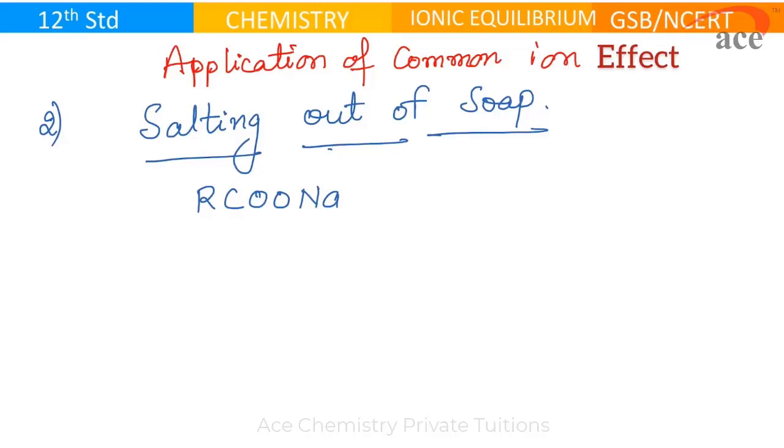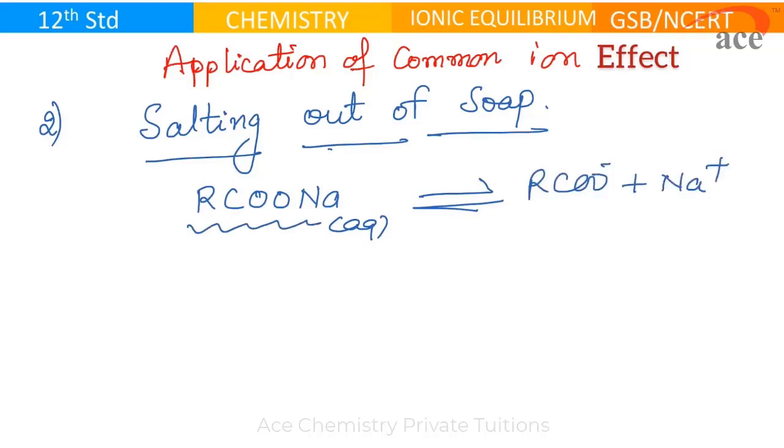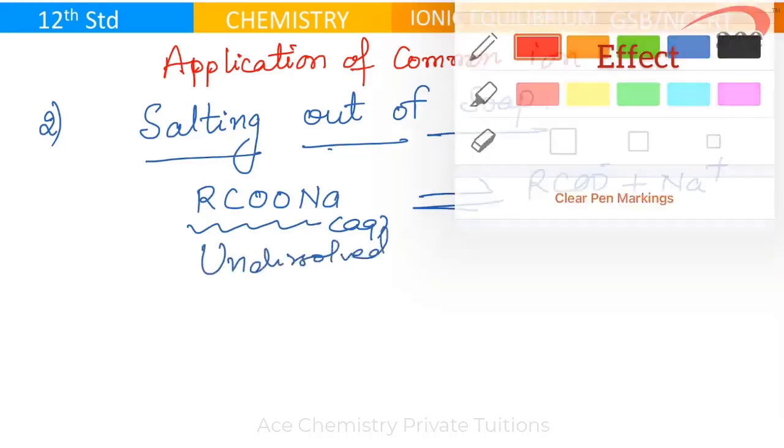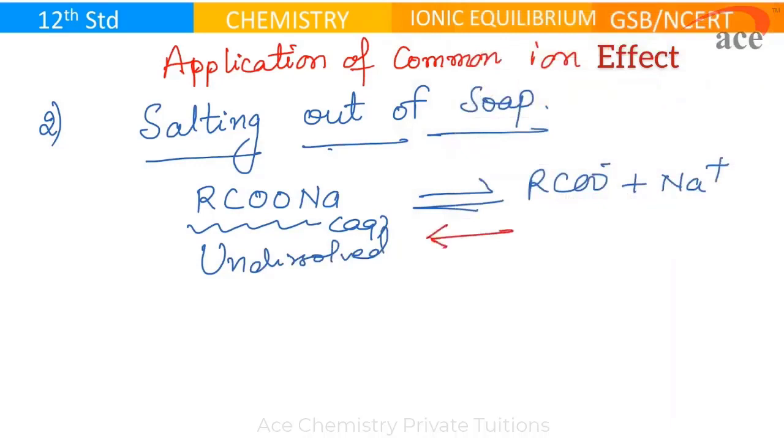But after saponification, we always get soap in dissolved form. So, means they are dissociated. So, if you want this RCOONa to precipitate out, to come out, it should become undissolved, means the reaction we want in backward direction. So either this or this should be added.